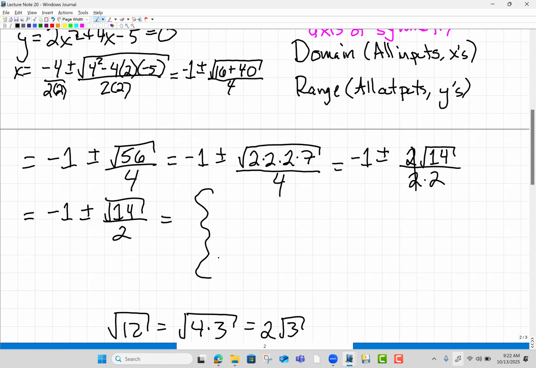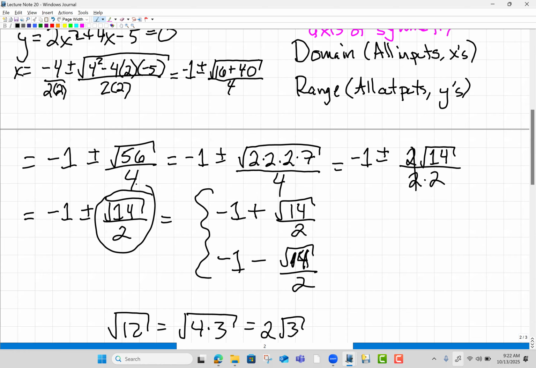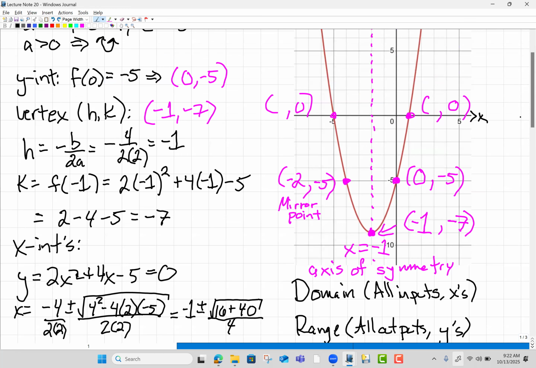So my two answers are -1 plus the square root of 14 over 2, or -1 minus the square root of 14 over 2. Okay, so this number here, square root of 14 over 2, that we're adding to this, that's this length right here.